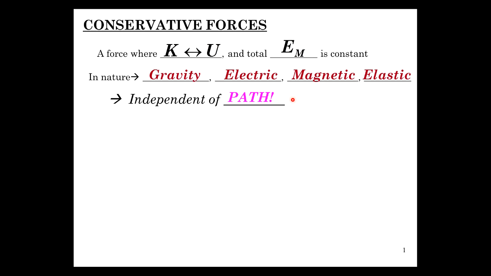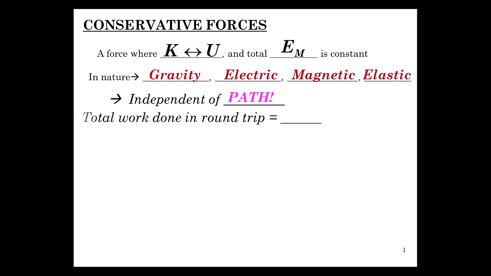And I can move this way and do all kinds of strange loop-de-loops and end up where I did before. And the work done by the force in question, namely gravity, is the same in both cases. Even though one path was quite a bit longer and more complex, the work done was the same.